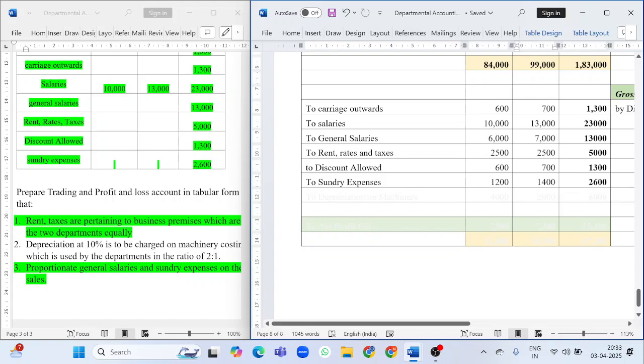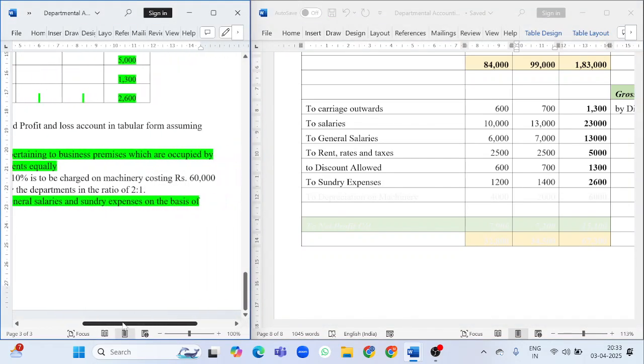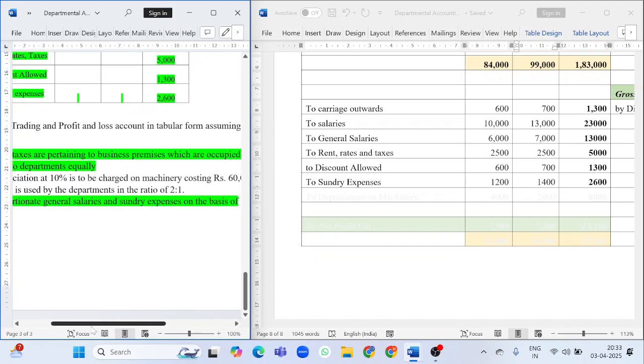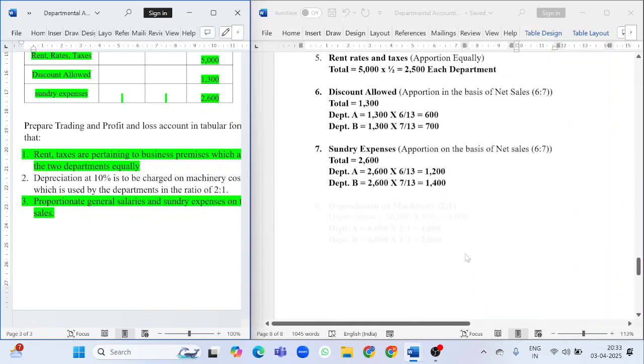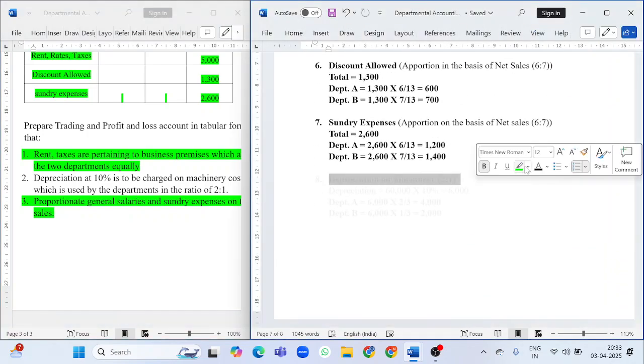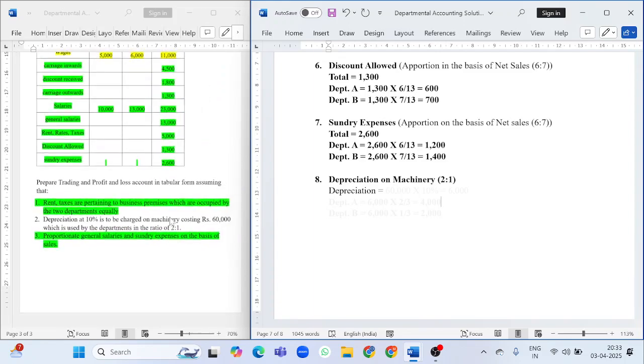Clear? Next we have one additional information which we have not done. Depreciation at 10% is to be charged on machinery costing rupees 60,000, which is used by the departments in the ratio of 2:1. Now let us calculate depreciation. They have given that the depreciation should be divided on the basis of 2:1. First let us calculate the depreciation. What is the value of machinery? Let us see the question.